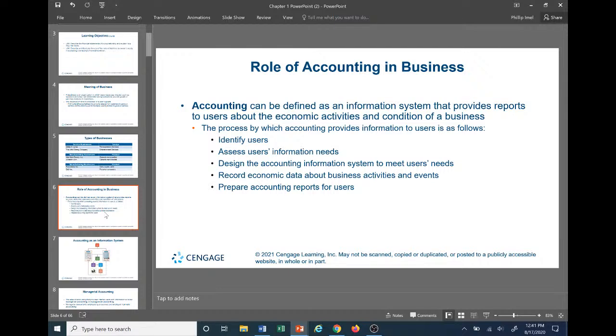The process by which accounting provides information to users is as follows. First, we need to identify the users. So who exactly are the users of these financial statements? They could be a whole bunch of different types of users. They could be individuals like myself or yourself that are just interested in buying stocks or bonds, right? So we'd be interested in the strength of the company or how they perform.